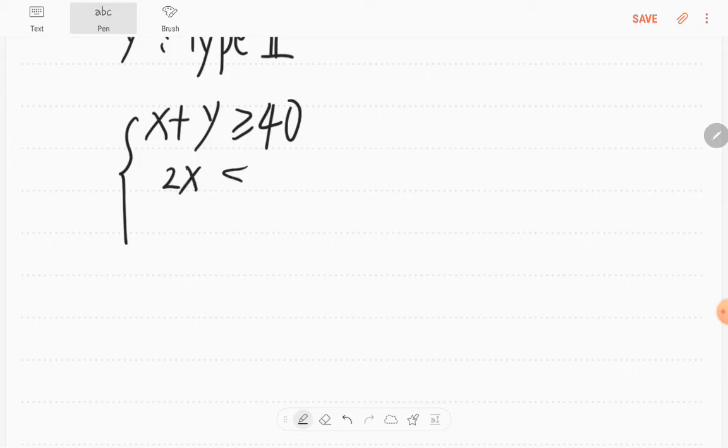So y should be greater than or equal to 2x, that is, 2x is less than or equal to y. Since this is a real problem, we also need x greater than or equal to 0, and y also greater than or equal to 0. So this would be the system of inequalities to describe this situation.